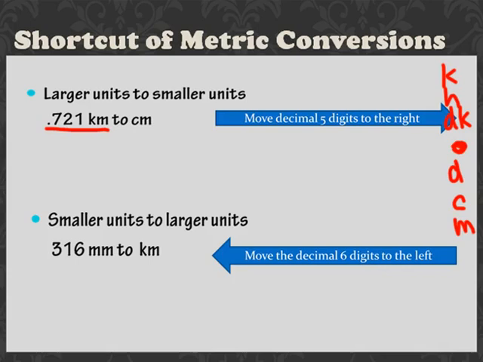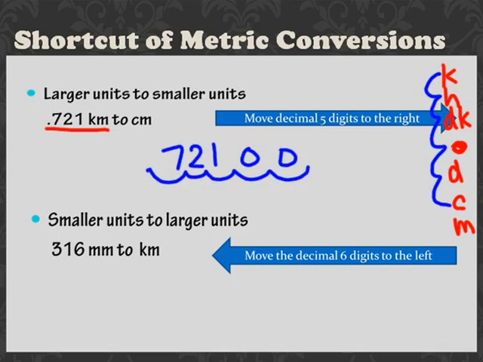How many places? We can determine that by looking over here. Kilo to centi is 1, 2, 3, 4, 5 steps down. So that means you move your decimal 5 places to the right. 1, 2, 3, 4, 5. So you're going to fill in those spots, and right there's your answer, 72,100 centimeters.